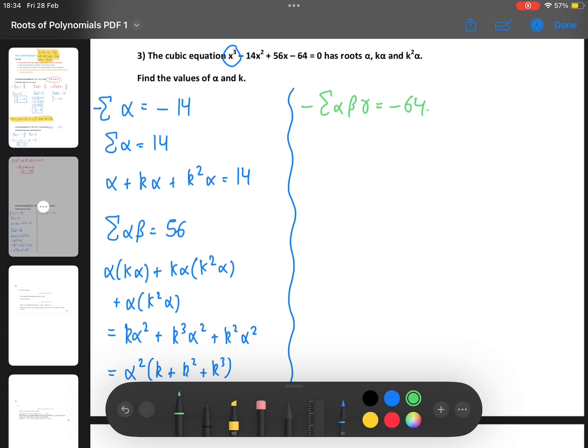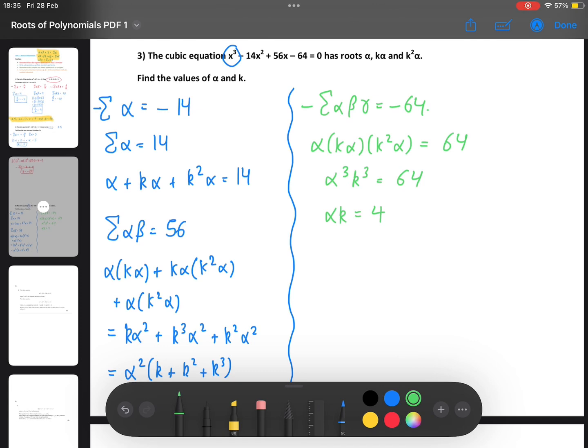So that tells us that alpha times k alpha times k squared alpha is positive 64, which is the same as alpha cubed k cubed equals 64. And if we cube root both sides, then we get alpha k equals the cube root of 64, which is 4.